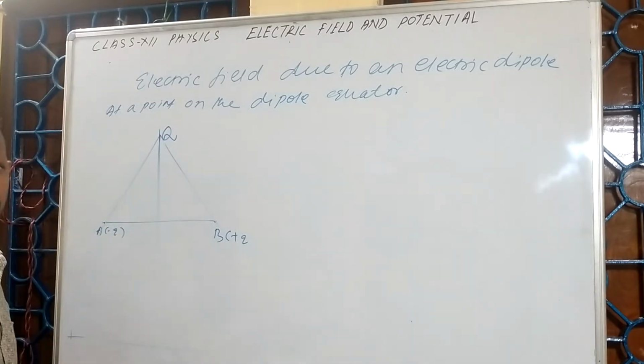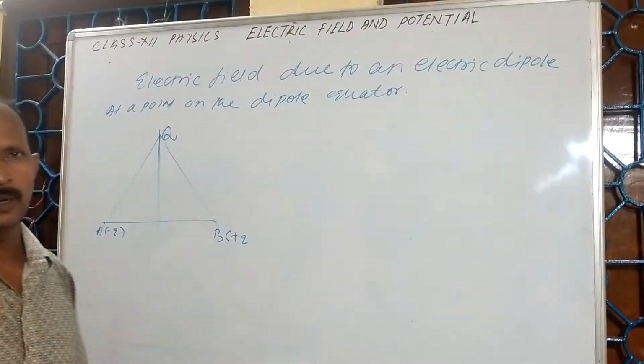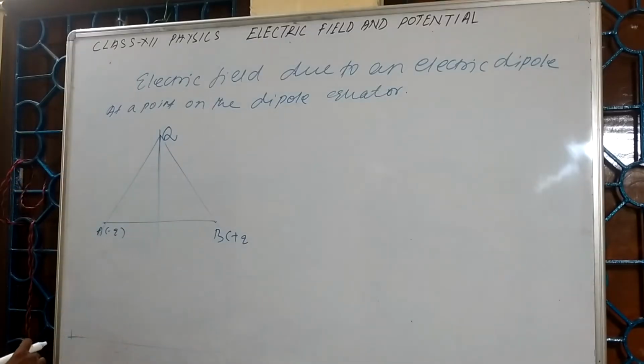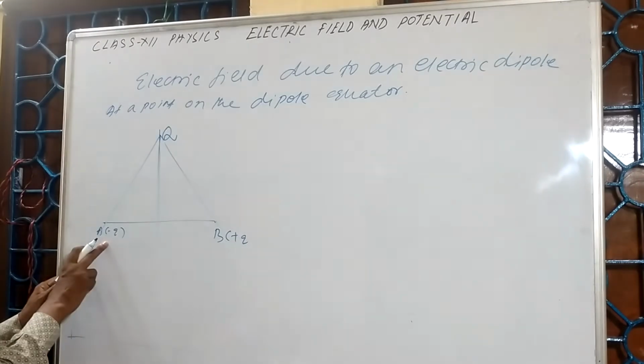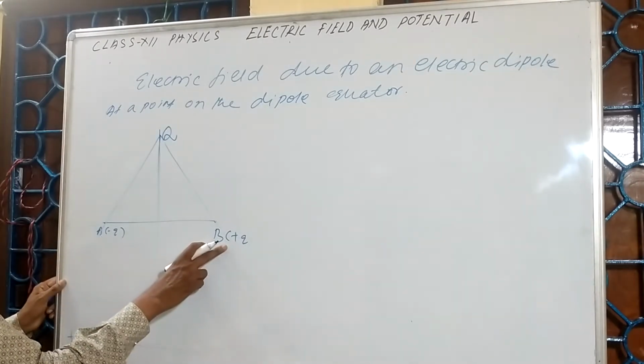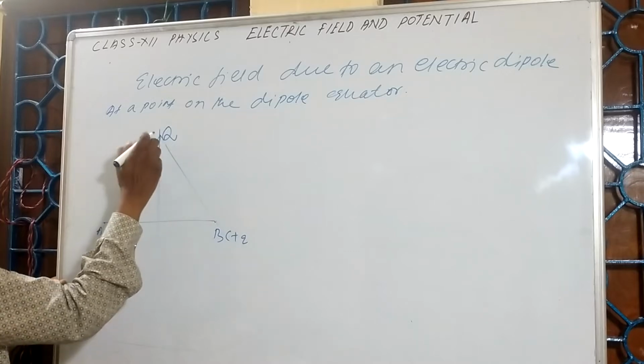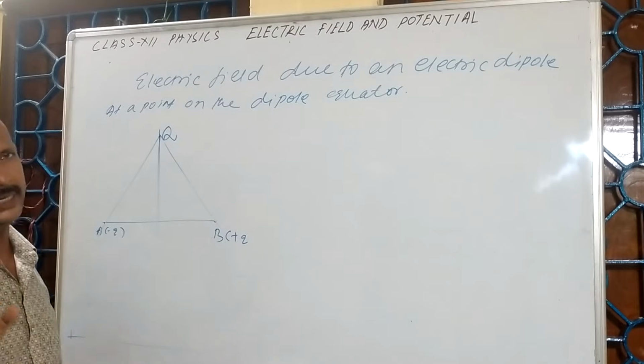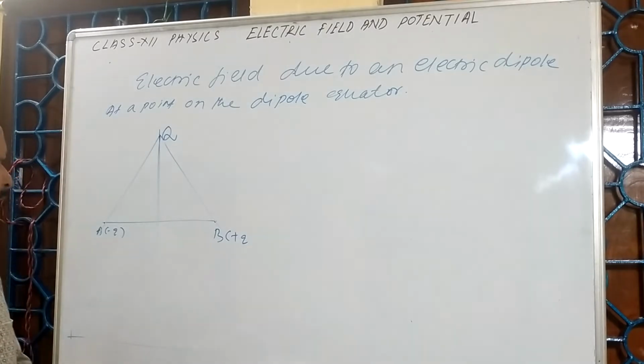Q is a point on its dipole equator. In this case, you see that this is the negative charge, this is the positive charge, and at the point Q, the positive test charge is there. So I have to calculate the electric field at this point.